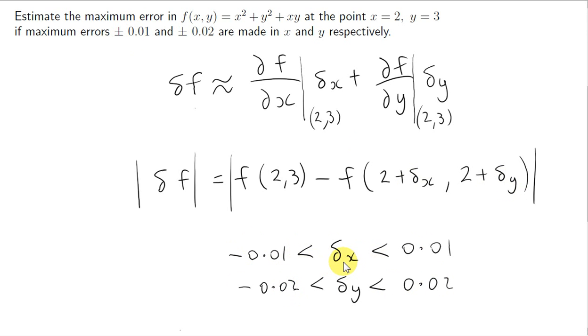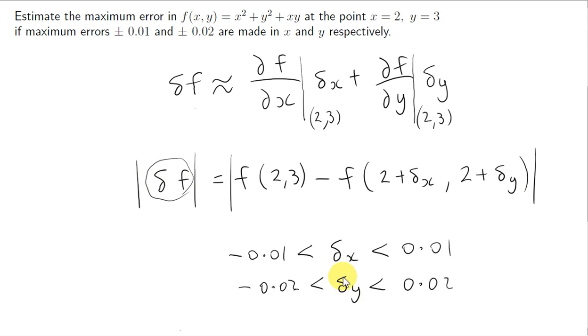So depending on what values we choose for delta x and delta y from these ranges, we are going to get different values for delta f. So we are going to be interested in maximizing delta f. That'll give us the maximum error in the function.